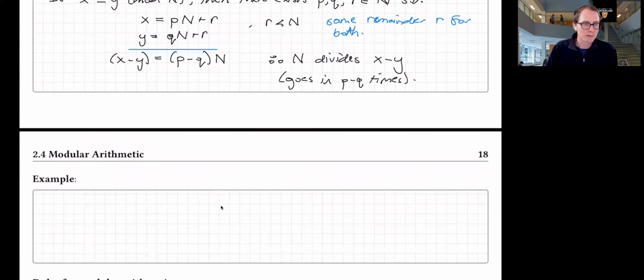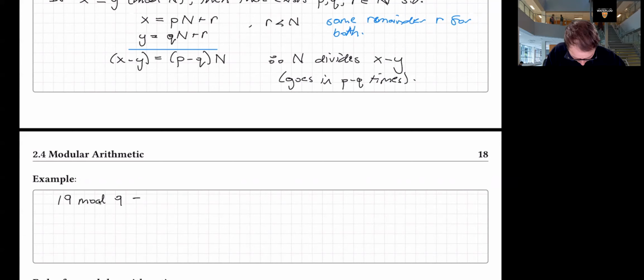Let me give you an example of this. So 19 mod 9. What's the remainder after I divide 19 by 9? Well, 9 goes in 2 times, right? That makes 18, and then you have a remainder of 1.